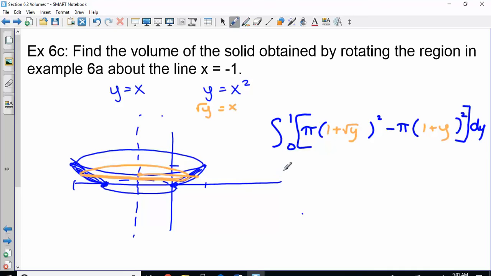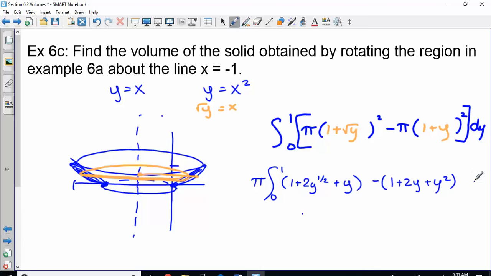Now square. You can pull out your pi if you would like. To square that we have to FOIL, so it would be 1 plus 2 radical y, I'm going to write that as 2y to the 1/2, plus the square root of y squared would just be a y, minus 1 plus 2y plus y squared.